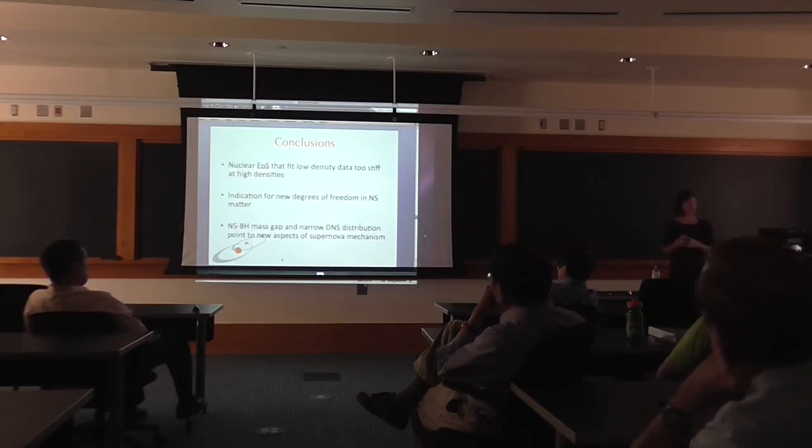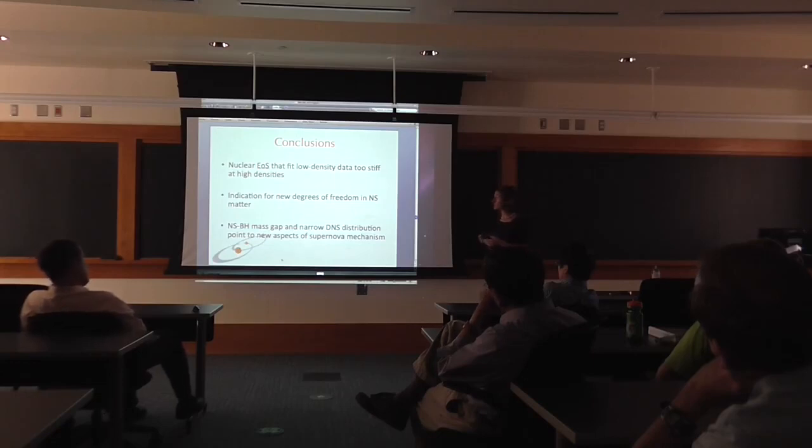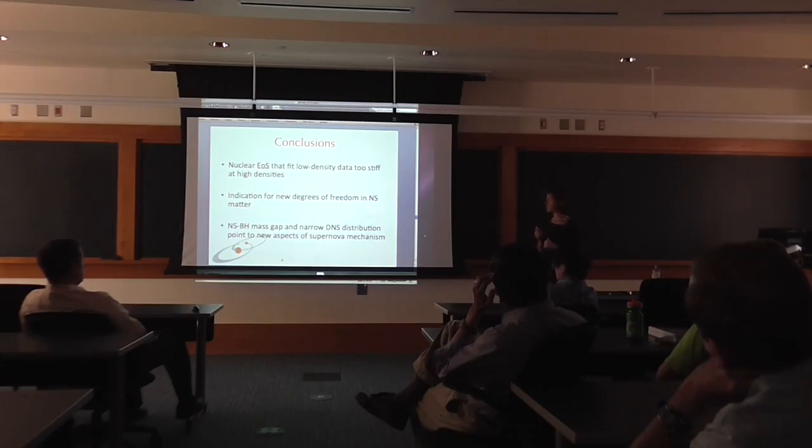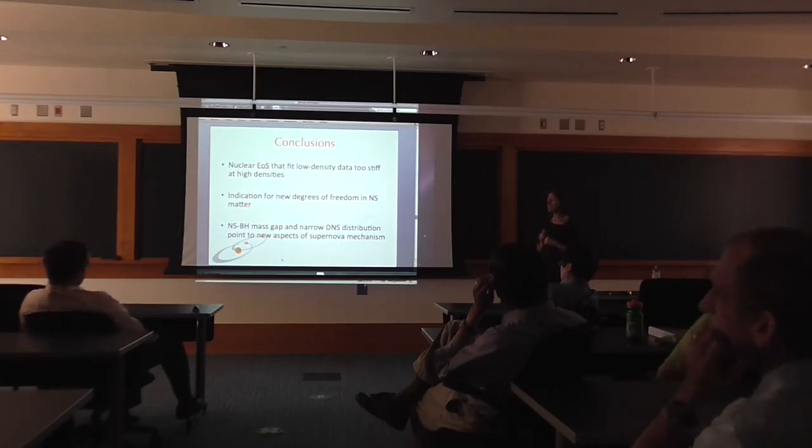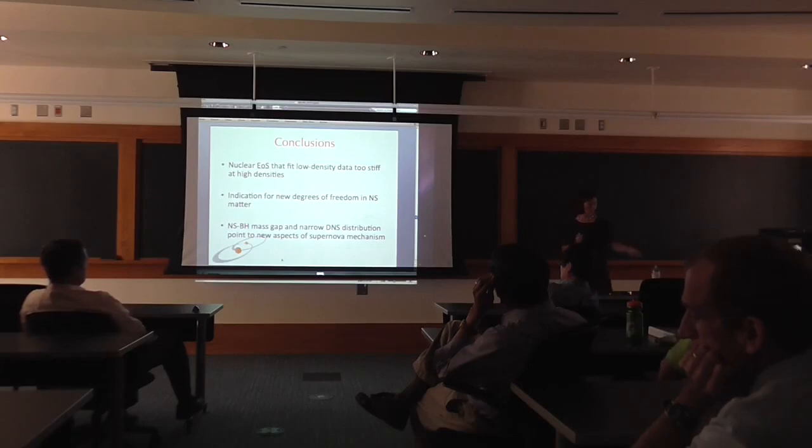One of the likely candidates is quark degrees of freedom appearing in the cores at those high densities. But regardless, there is some indication for new degrees of freedom appearing to make the radii consistent with nuclear physics predictions. So here are my conclusions. The radii tell us already something pretty specific about the interior.